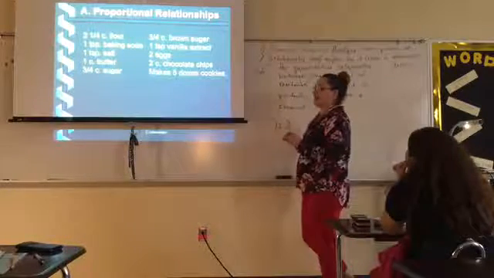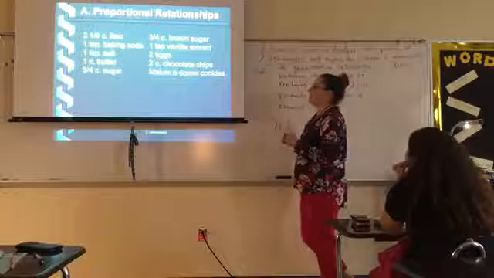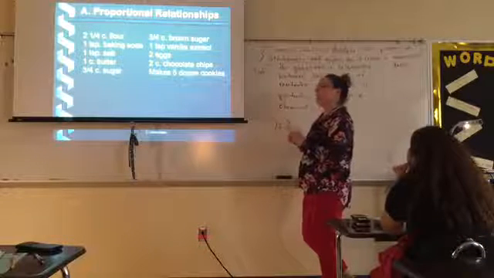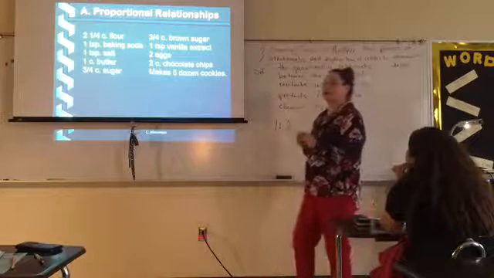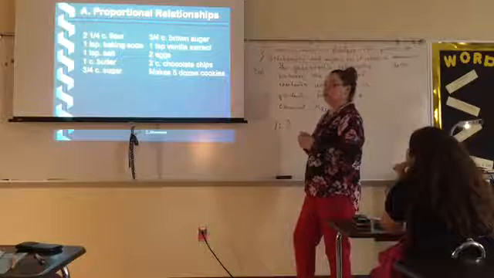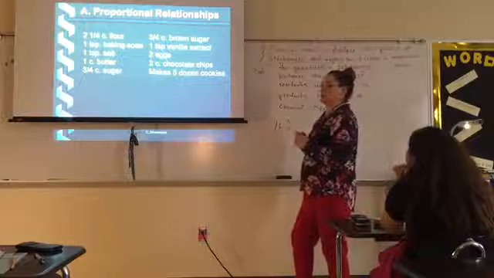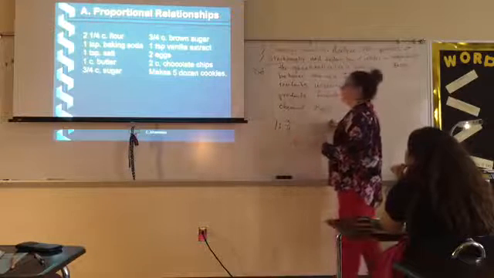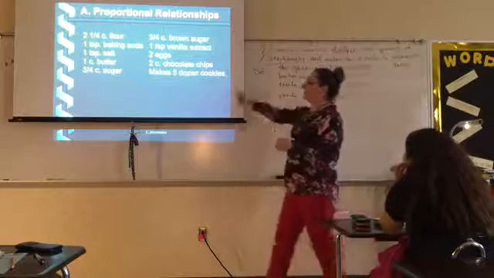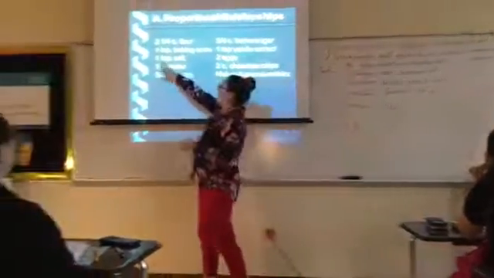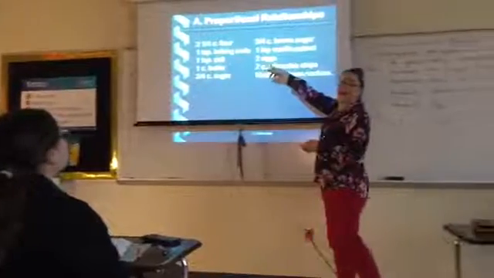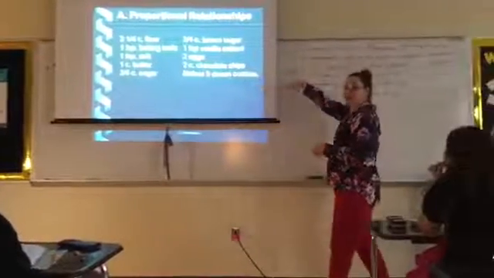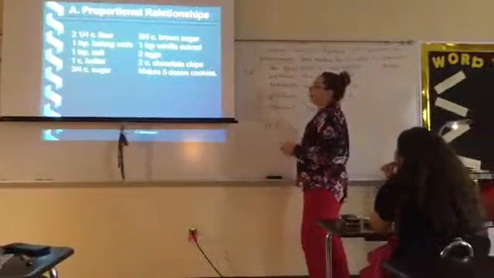Jasmine, what is the ratio of baking soda to eggs? 1 to 2, right? In order to make my 5 dozen, I need 1 teaspoon of baking soda for every 2 eggs.